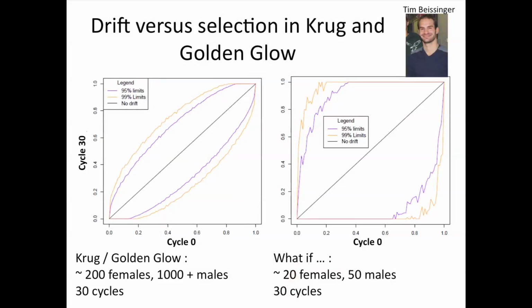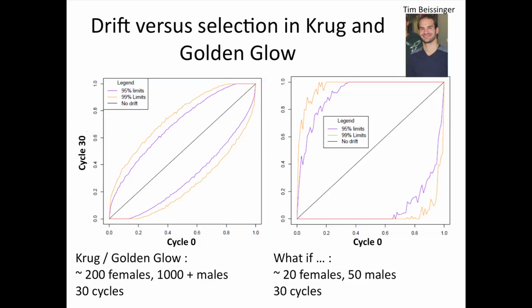So then how are we interpreting this allelic variation? What I've shown here on the left-hand side is a confidence interval curve to account for the drift that occurred during the selection process. On the bottom, you have the initial allele frequency, and on the y-axis, you have the end cycle 30 allele frequency.